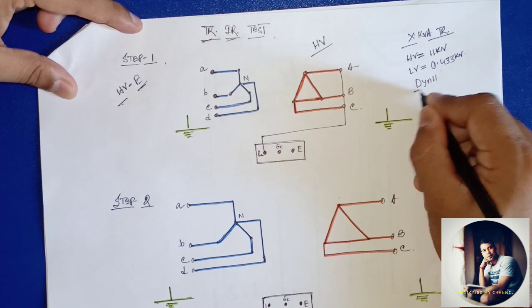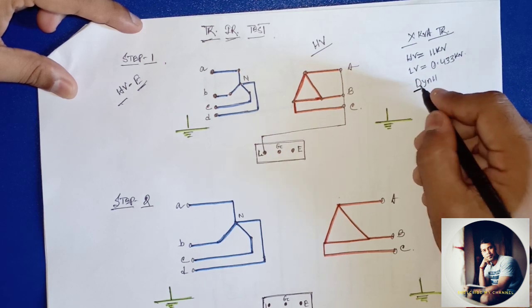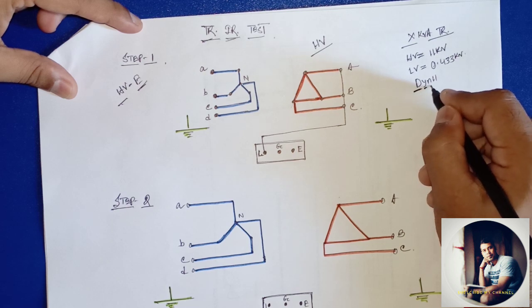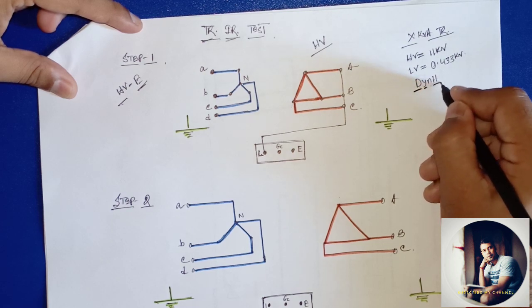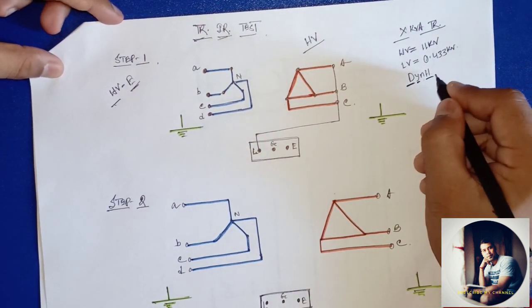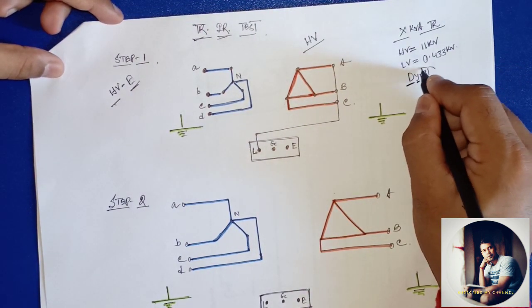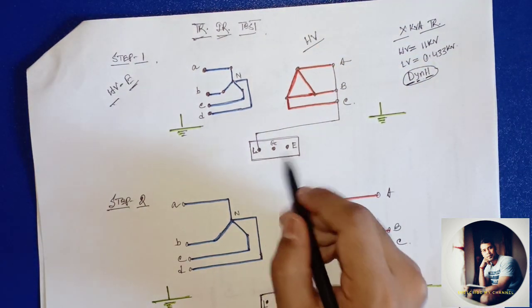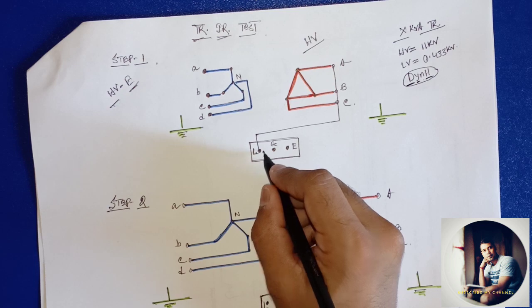It simply says that the primary side is delta connected, the secondary side is star connected with neutral, and the phase shift is 11. That we'll discuss later in the next video or any other video, what the vector group means, how it works, etc. So friends, let's come to the point.